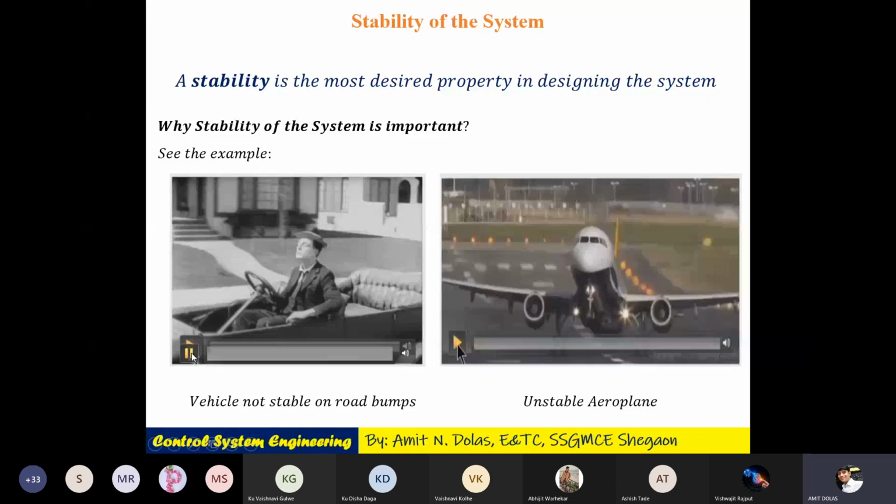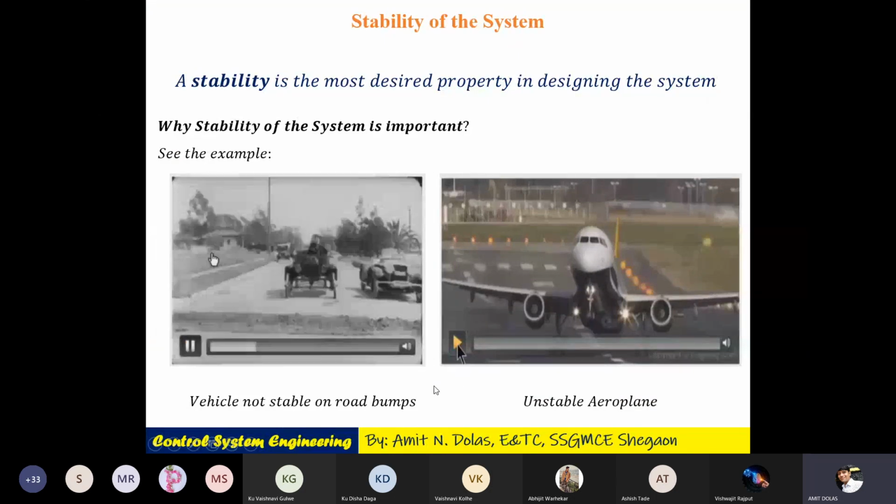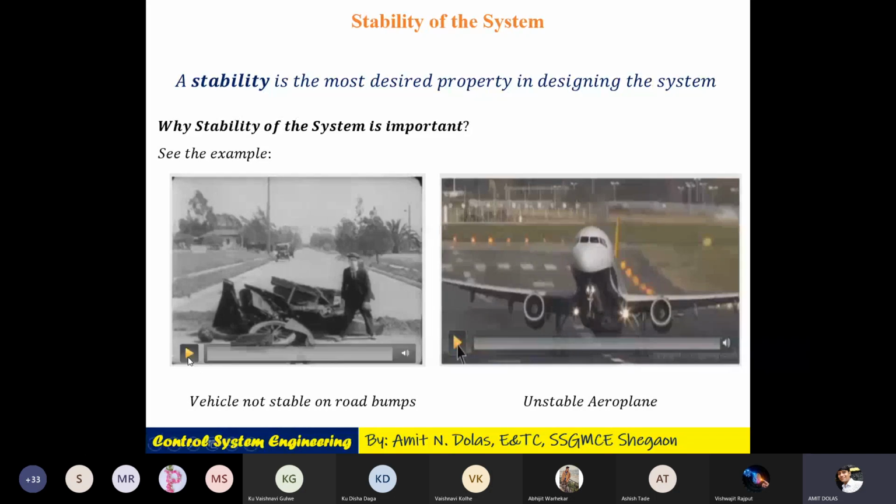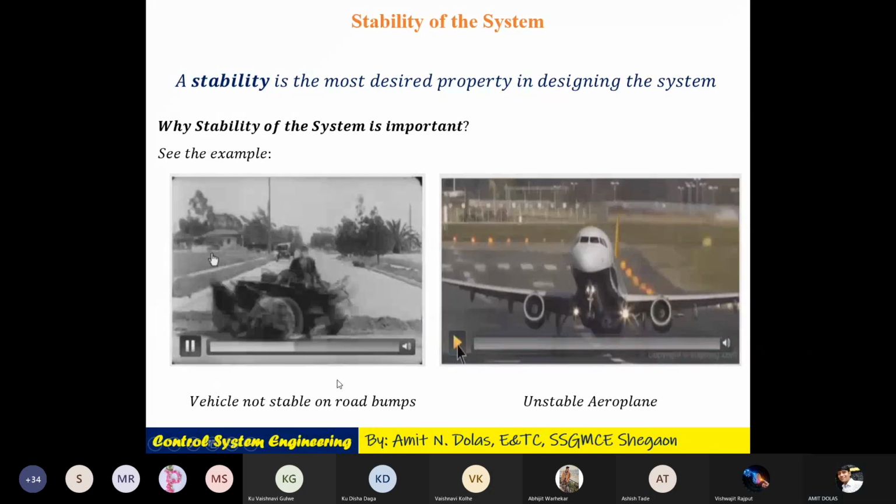Okay, I will play the video. Due to the highlighter, it was not properly working. You can see this video. Here is one vehicle which is moving on road bumps, and the vehicle is not properly stable. It is a funny video, but you can use this video for understanding stability. As this vehicle is not stable, you can easily see what happened here.